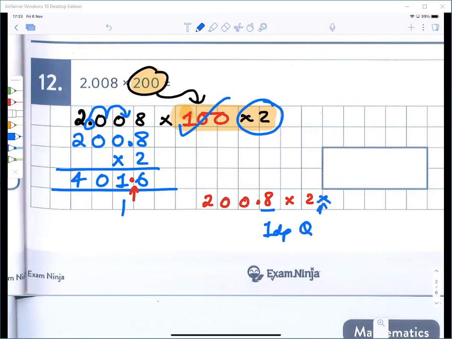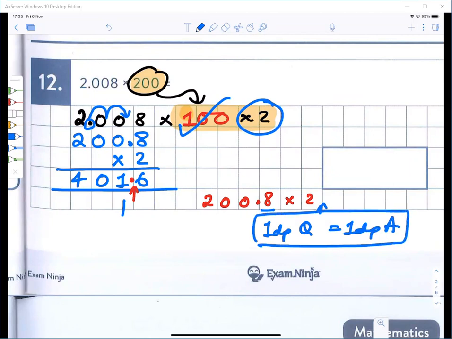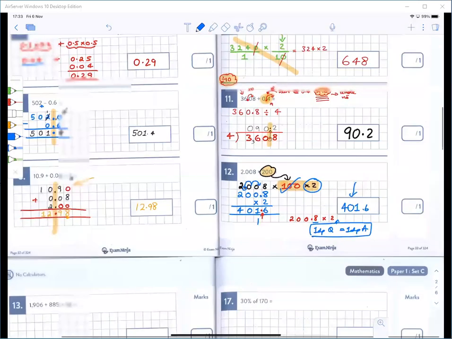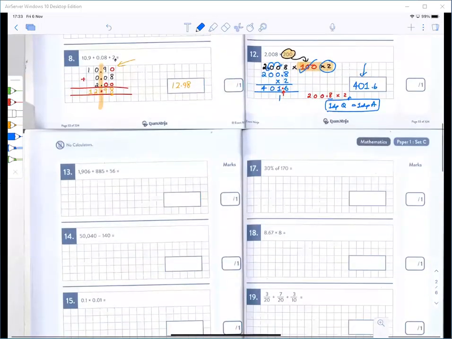So we will have 1 decimal place in our answer, as we learned in our previous lessons. So that's good, well done. So what answer goes into here then, Zaki? 401.6. 401.6, fantastic, lovely. Okay, so it looks like you are remembering some of the stuff I'm teaching you.